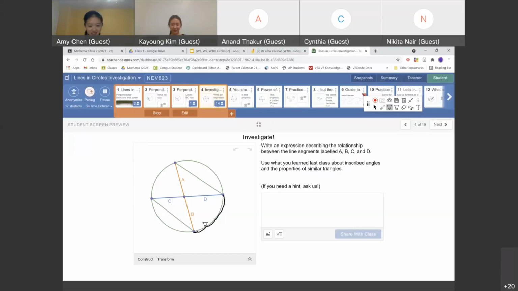So this arc right here, the inscribed angles for this arc would be this angle here and this angle here. This angle and this angle are equal because they both intersect this arc, right?